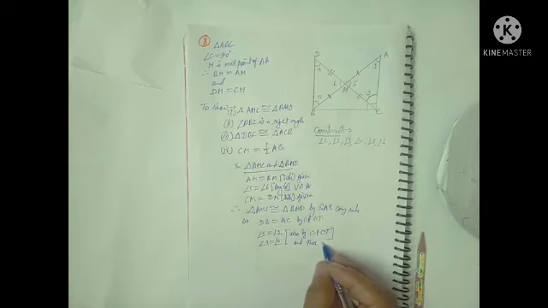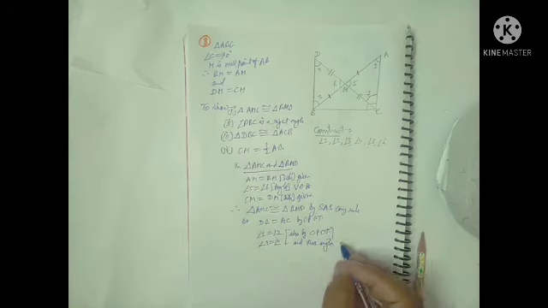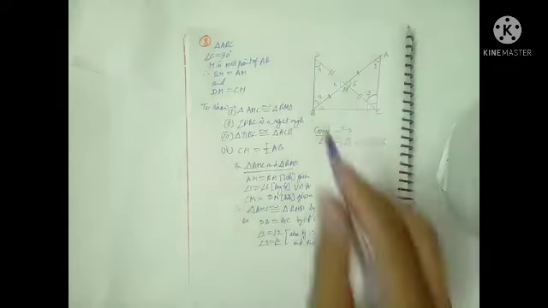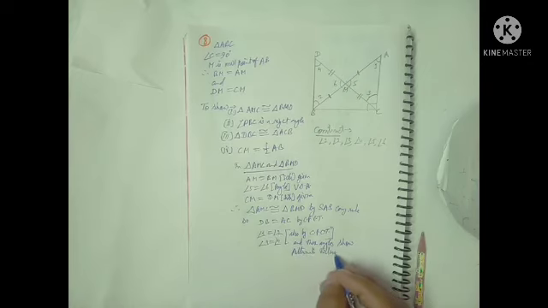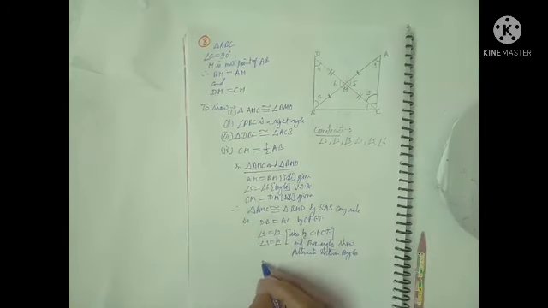These angles show alternate interior angles. So DB is parallel to AC.